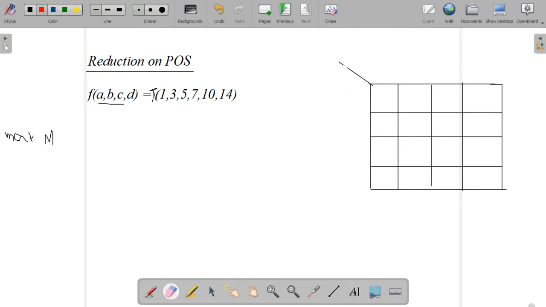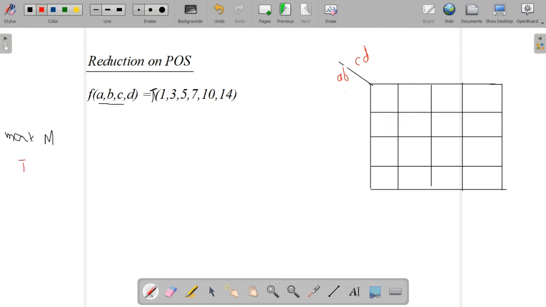You know how to draw a KMap for a POS expression also. So with 4 variables, we write AB and CD. And one more point we have to remember: in the case of POS, or product of maxterms, 1 should be negated, but in the case of SOP, 0 should be negated.